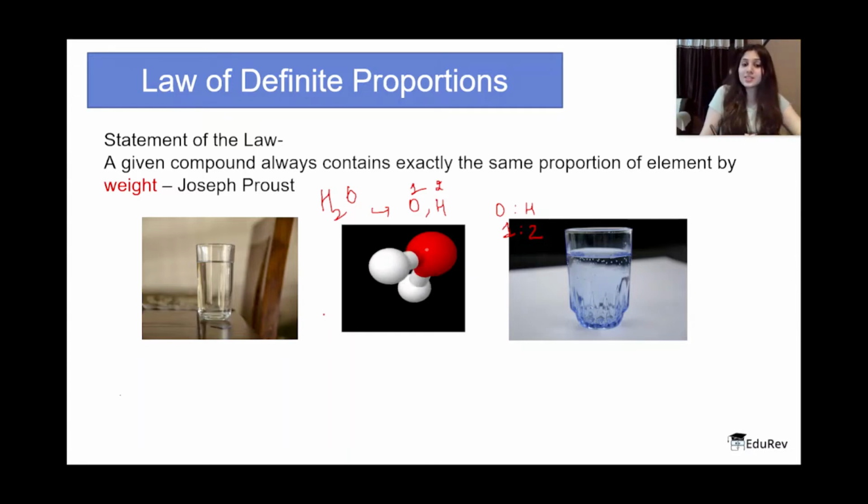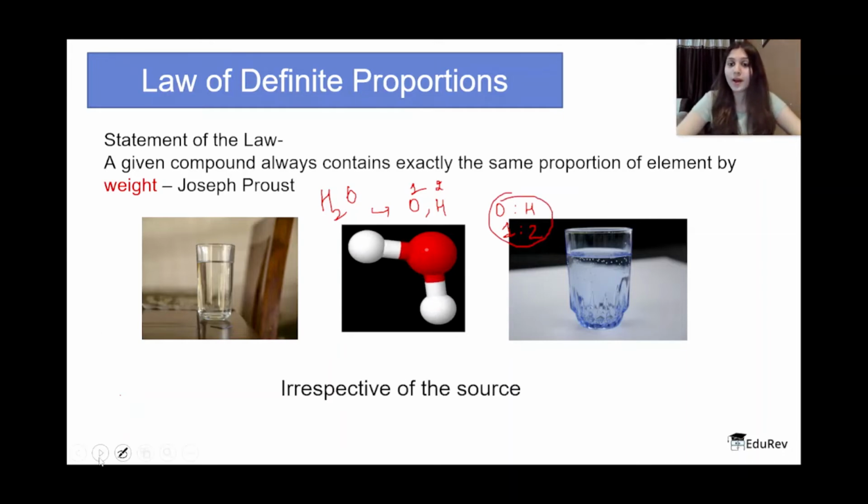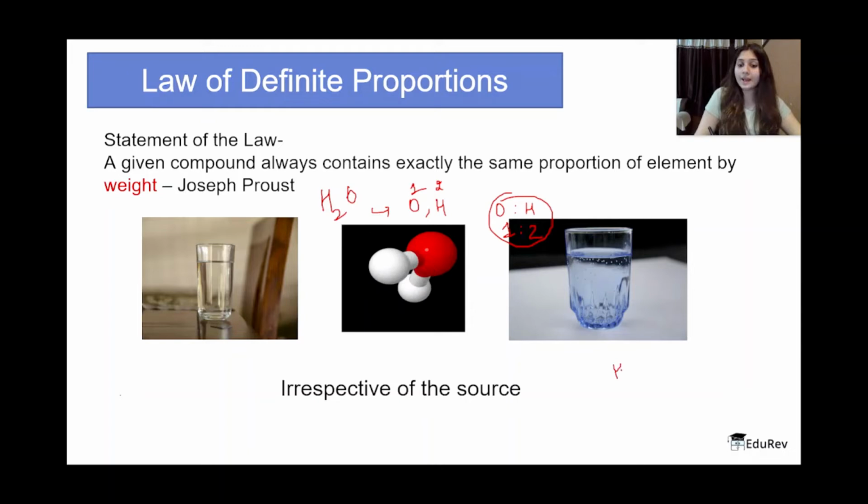This is always going to be the composition of water, irrespective of the source. These 2 waters are from different countries, but they could have been from any 2 places of the world. Water is always going to have 2 elements, hydrogen and oxygen, combining in the ratio 2:1 and nothing otherwise.